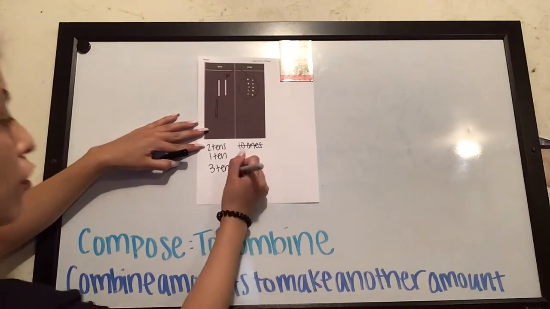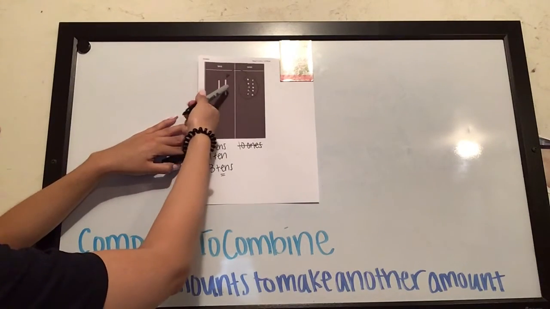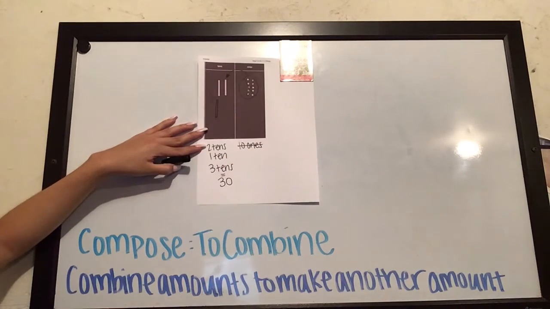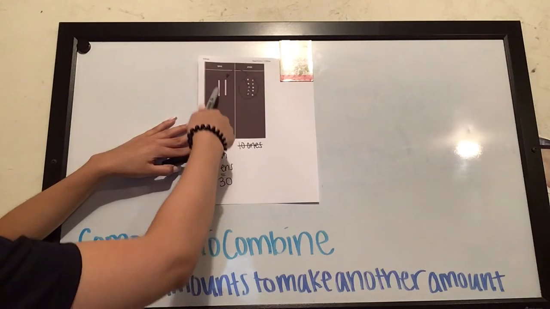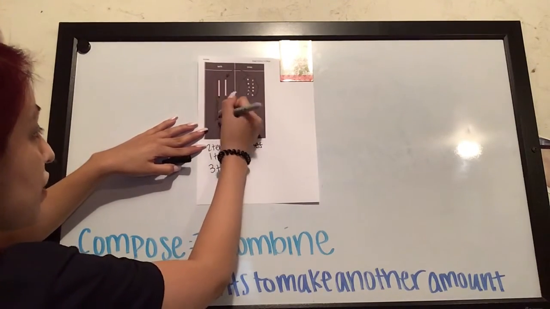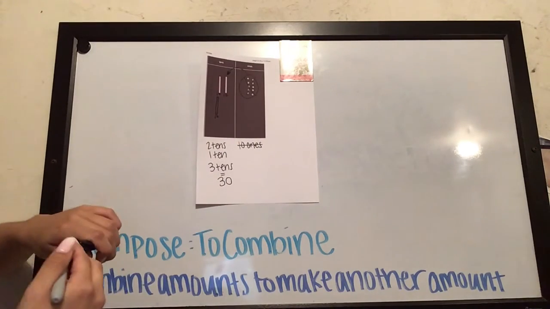And what is the total of 3 tens? Let's count. 10, 20, 30. 3 tens equals 30 because these are your 3 tens and each of them is 10. So 10 plus 10 plus 10. 10, 20, 30. That's how you get 30.